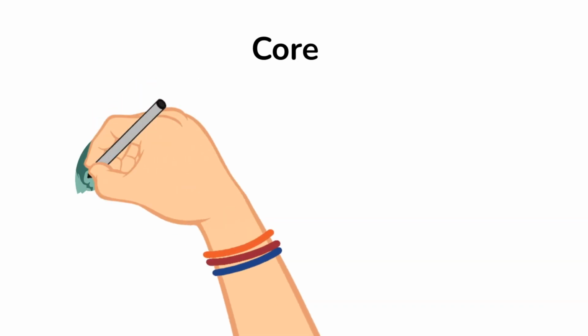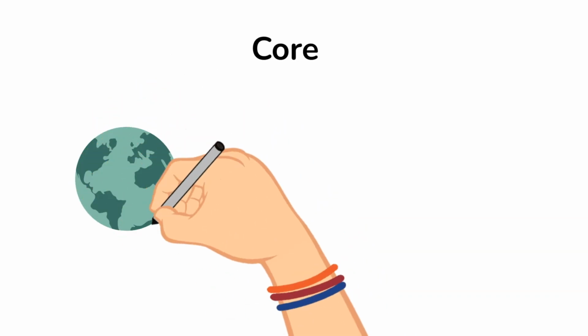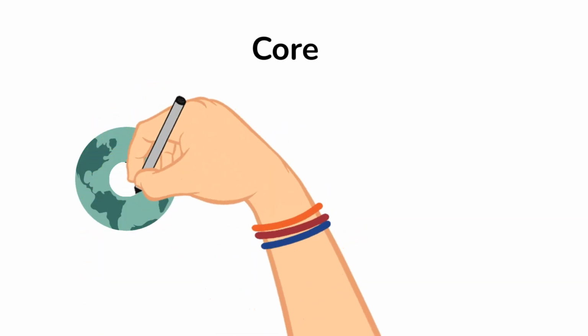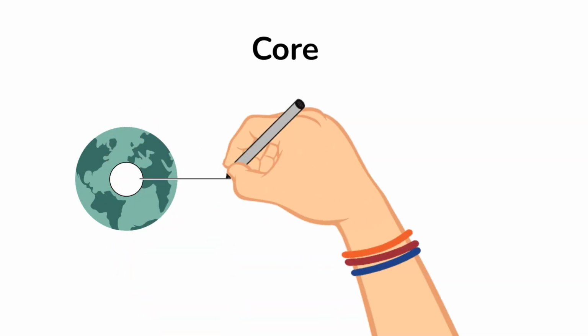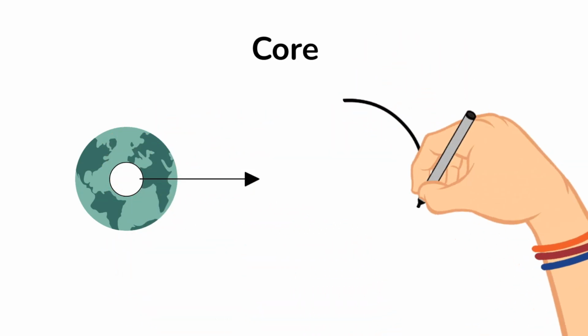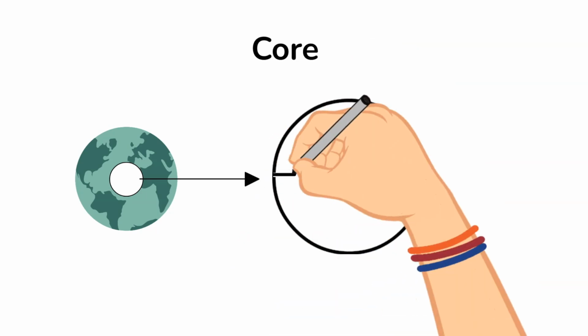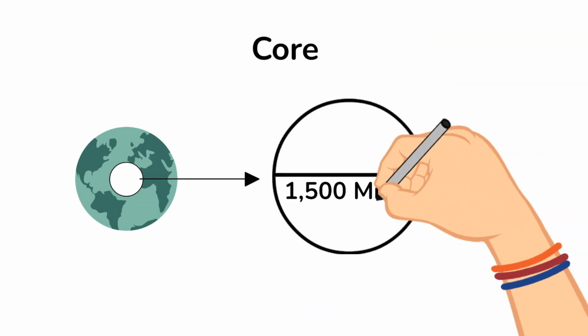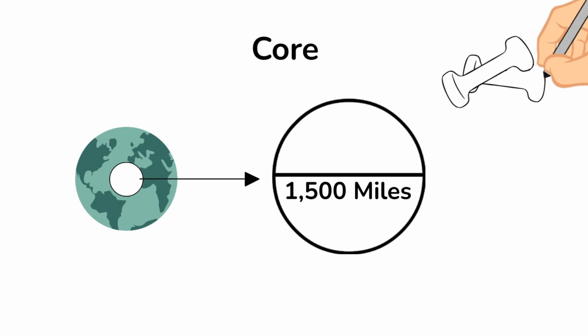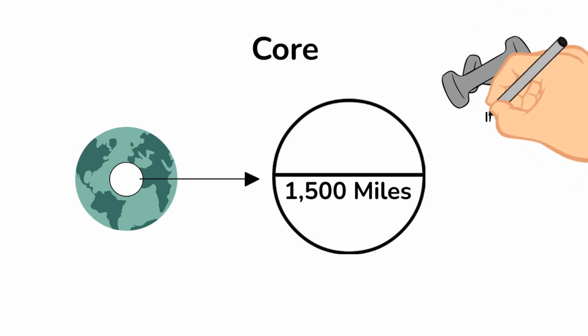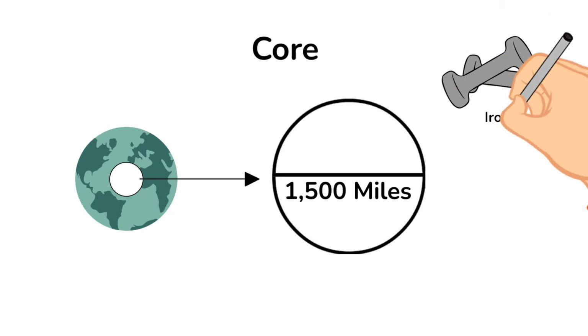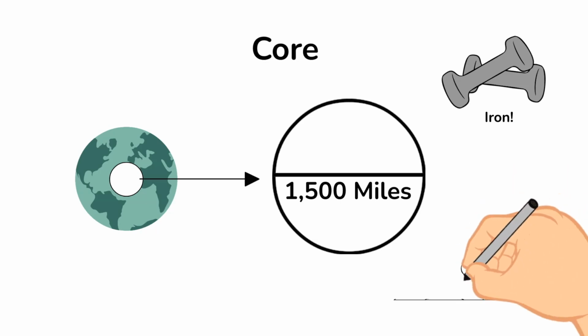The Earth's inner core is a huge metal ball that is about 1,500 miles wide. Now, what metal is it made up of? Well, it's mostly made of iron, but the temperature of this ball is about 9,000 degrees Fahrenheit to 11,000 degrees Fahrenheit.